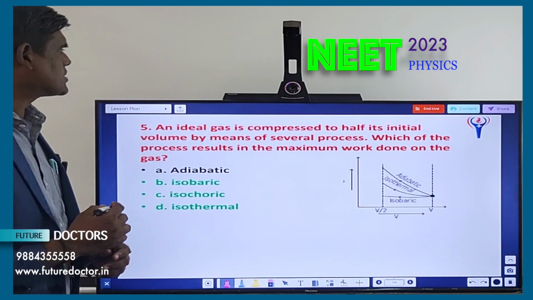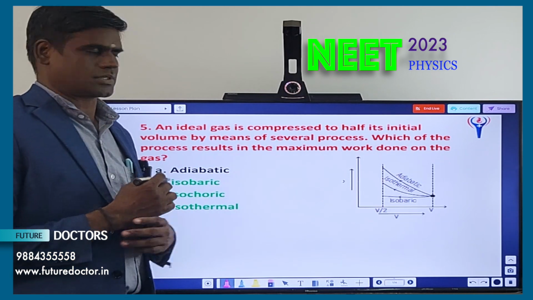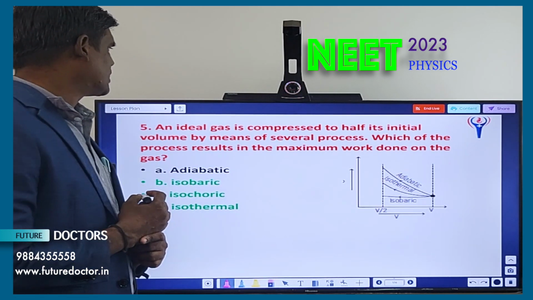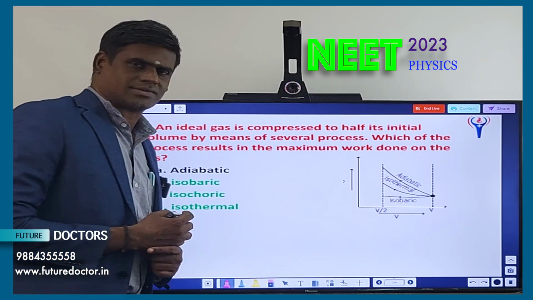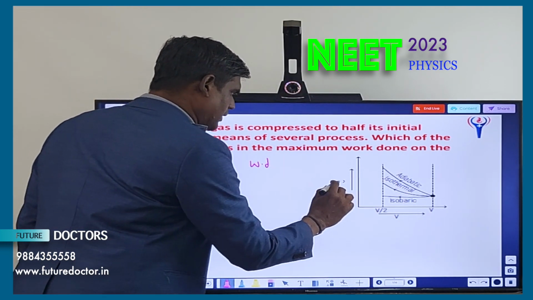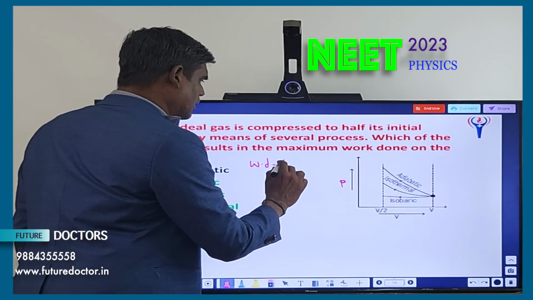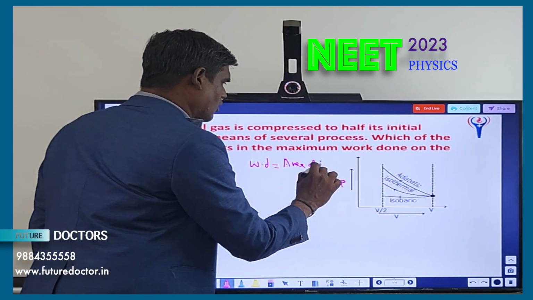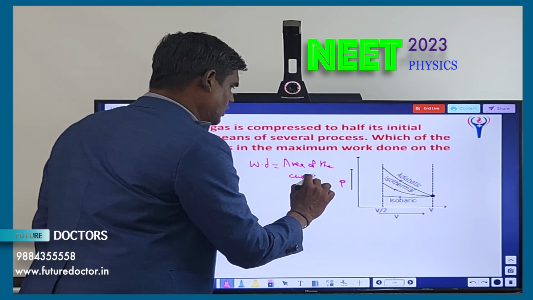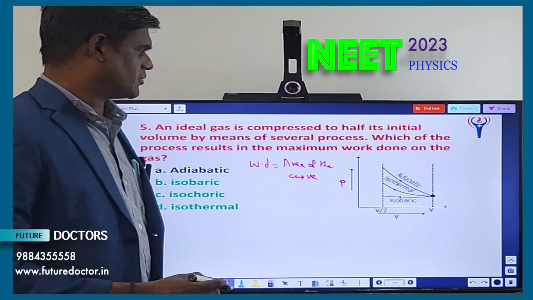An ideal gas is compressed to half its initial volume by means of several processes. Which of the processes results in the maximum work done on the gas? From the P versus V graph, work done is nothing but the area of the curve. As per the diagram, adiabatic is maximum.